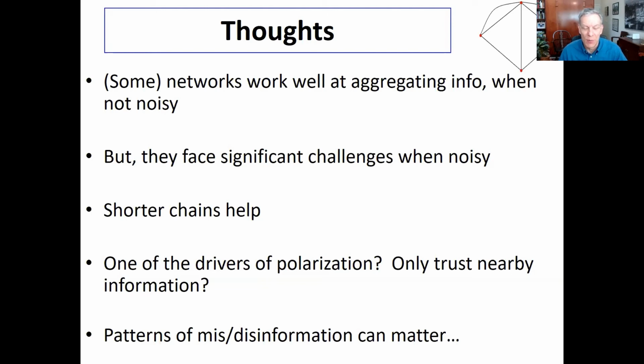So you can get stuck either with no learning at all or with polarized learning. There's a lot we should understand about the fact that people have incentives to misrepresent and distort information, that information gets noisily transmitted, and that people are trying to aggregate this in fairly complex systems, which limits their ability to do so.